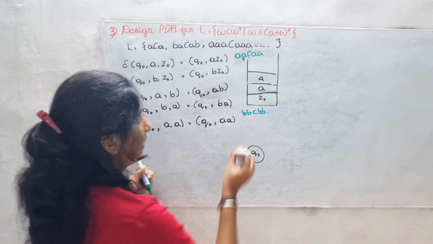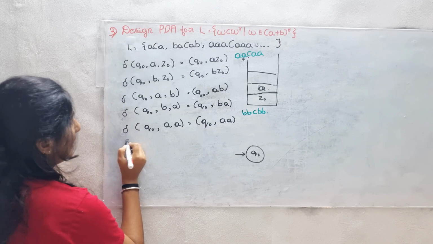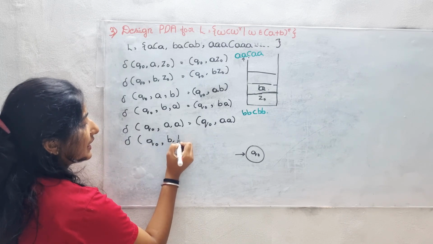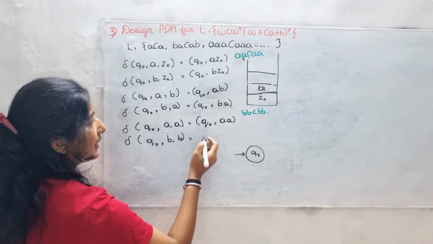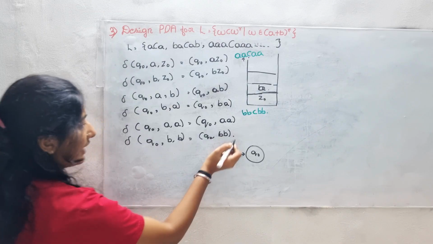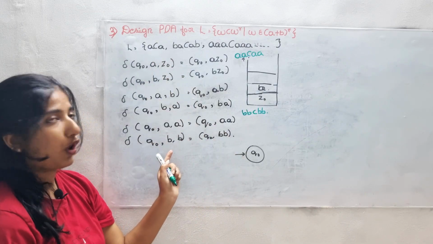If I pushed B already, delta of Q0 on input symbol B and top of the stack B: I will stay in state Q0 and the stack will have BB. So these are the push operations.